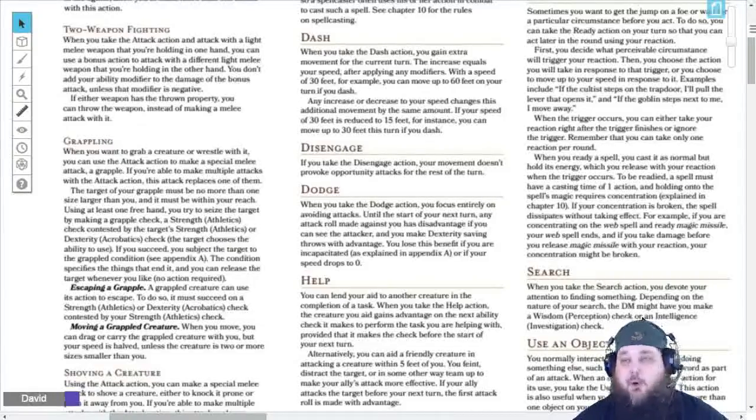Maybe sometimes you will be in an area of difficult terrain where the entire grid or the entire map that you're visualizing with Theater of the Mind is all difficult terrain. So that means that your speed would be halved, which would be 15 from 30. So if you use dash, then you can get back up to your normal movement at 30.